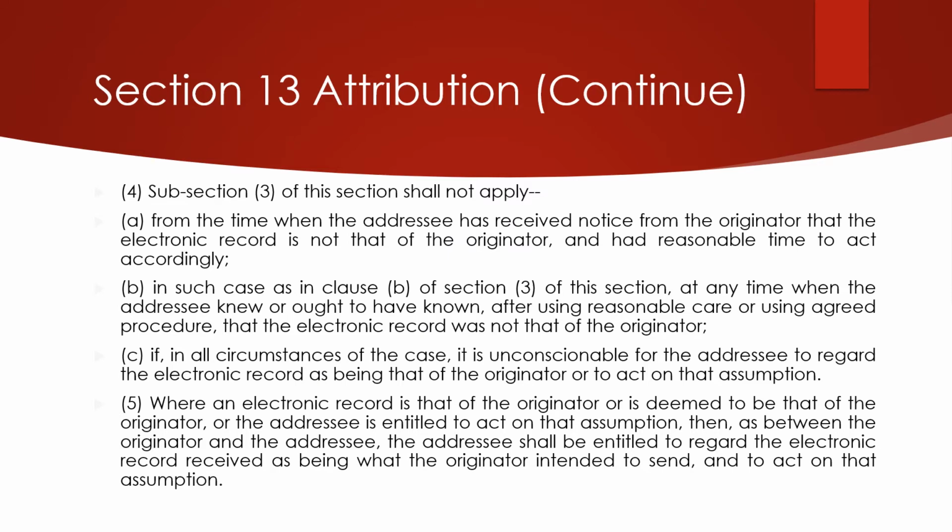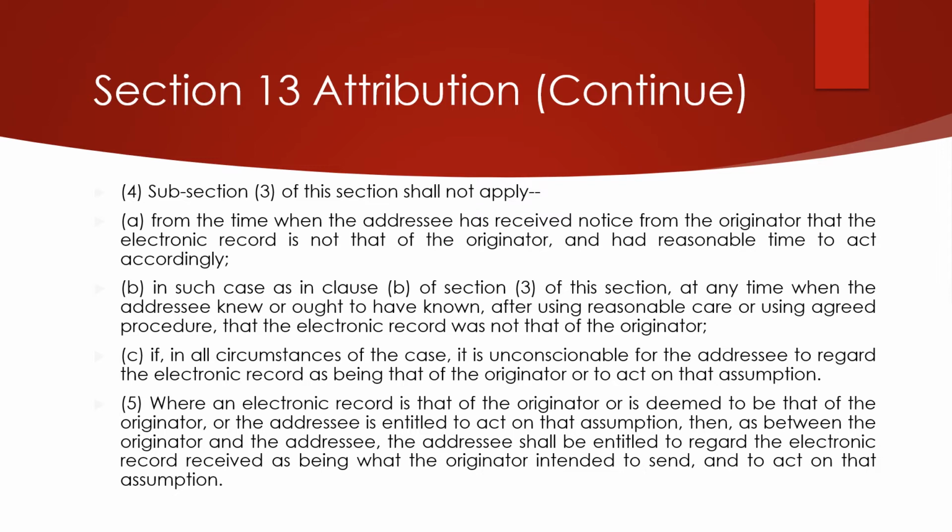Now, subsection 4. When does an addressee not treat an electronic record as that of the originator? Subsection 4 of Section 13 specifies that the addressee shall not treat an electronic record as that of the originator, number 1, from the time when the addressee has received notice from the originator that the electronic record is not that of the originator and has reasonable time to act accordingly.